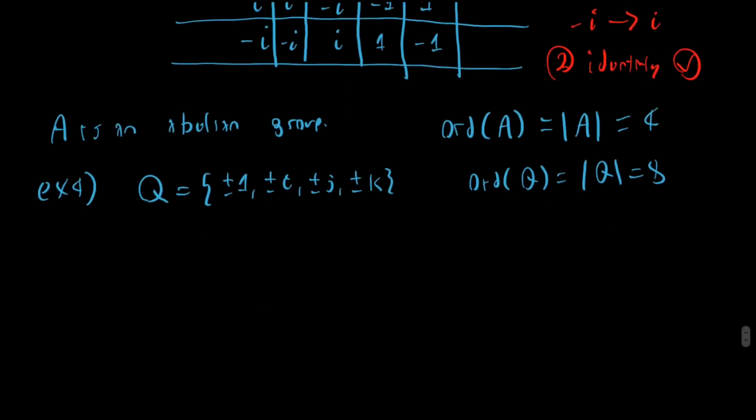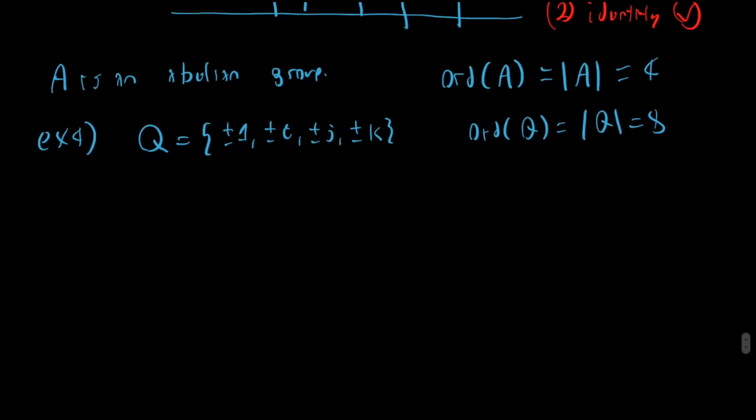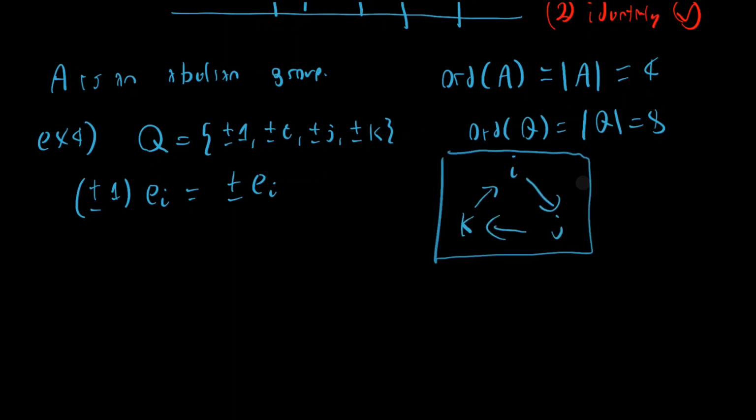And the multiplication rule for this group is that plus or minus 1 times one of the imaginary units, we'll call it just e_i, is going to be equal to plus or minus e_i. And then for the multiplication of the units with themselves, we will use the following graph to guide us.